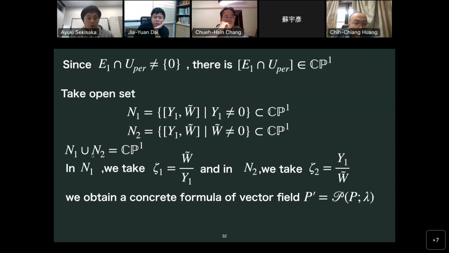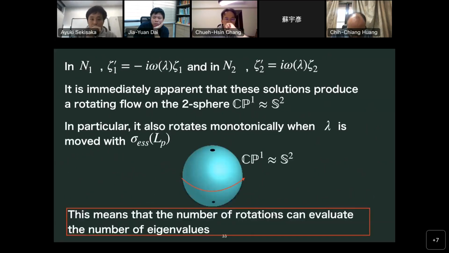Of course, N1 union N2 equals CP1. In the open set N1, we take Z1 equal to this, and in N2, we take Z2 equal to this. So we obtain a concrete formula of the vector field P dash equals script P, like this.